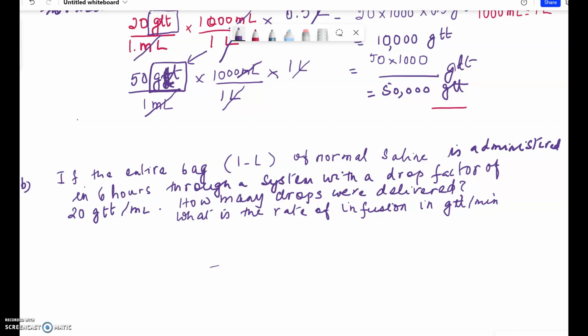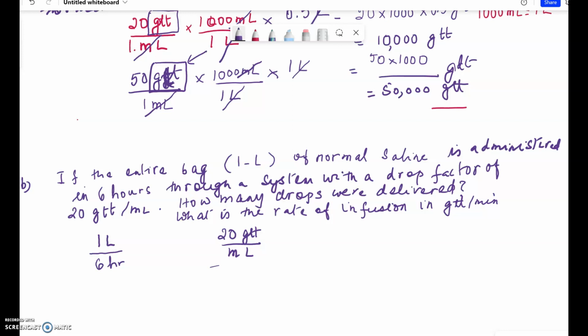Now, if the entire 1 liter bag of normal saline is administered in 6 hours, through a system with a drop factor, that is how many drops per milliliter, so that's 20 drops, GTT is drops, per milliliter.